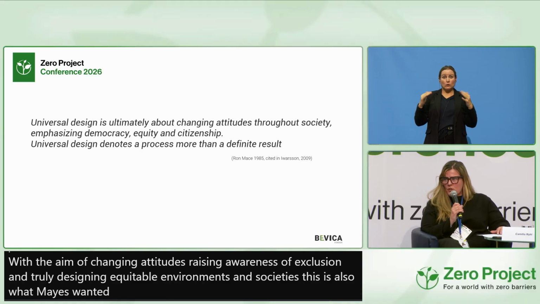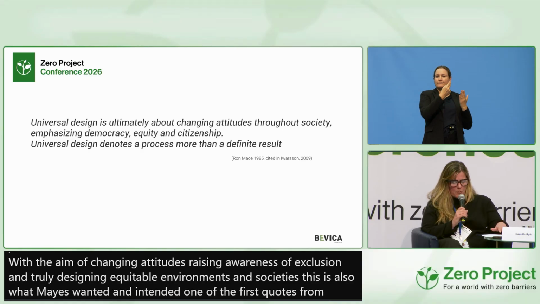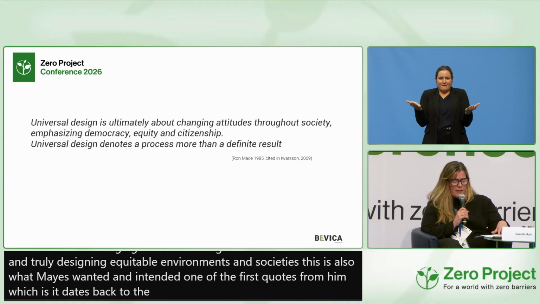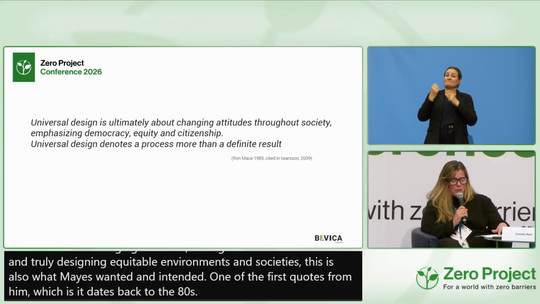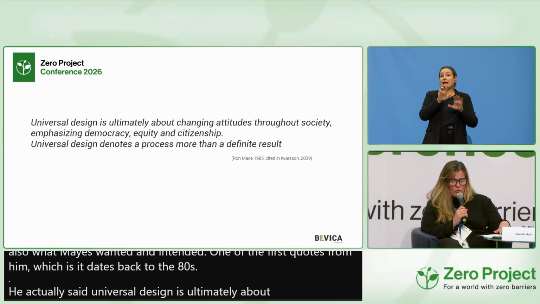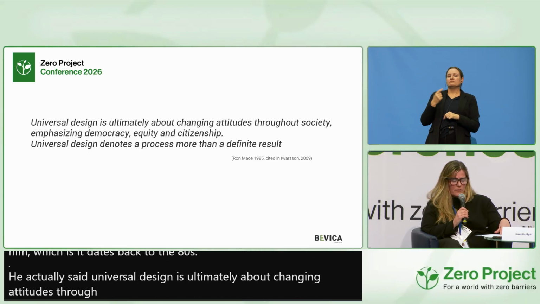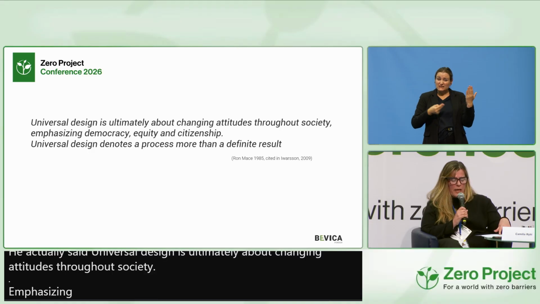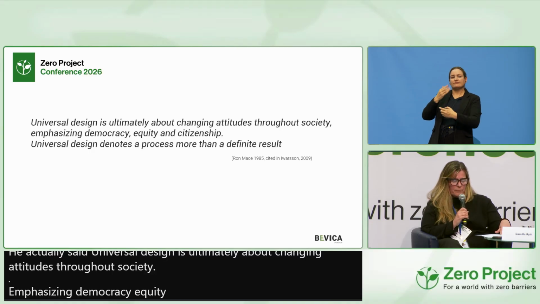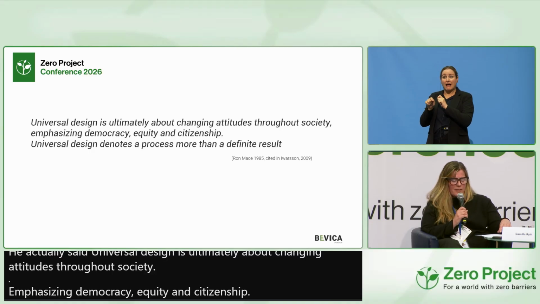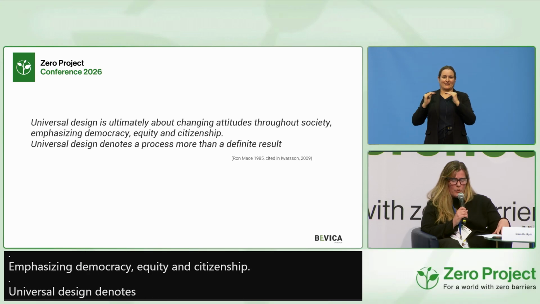One of the first quotes from him, dating back to the 80s, he said, "Universal design is ultimately about changing attitudes throughout society, emphasizing democracy, equity, and citizenship. Universal design denotes a process more than a definite result."